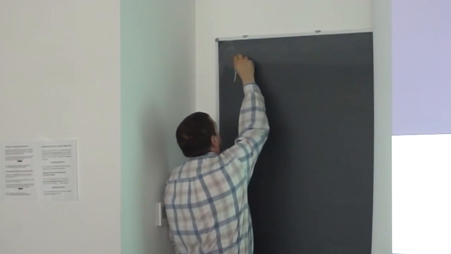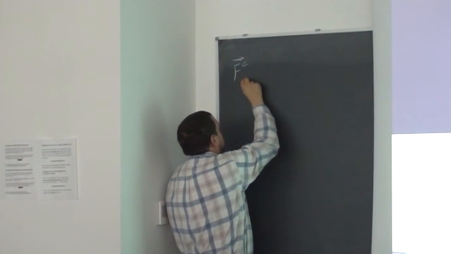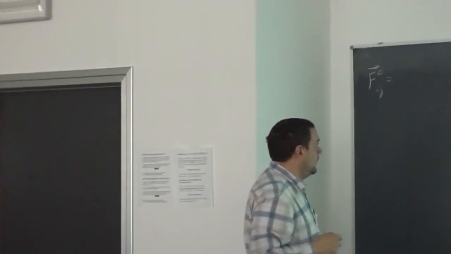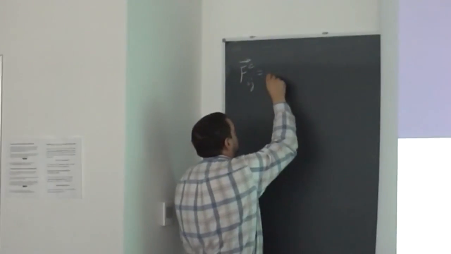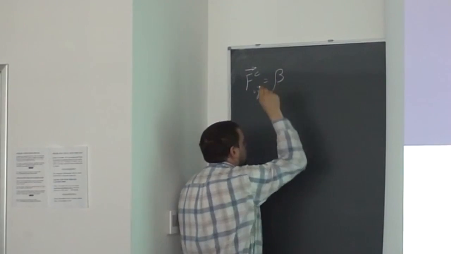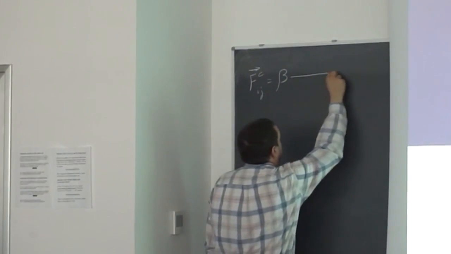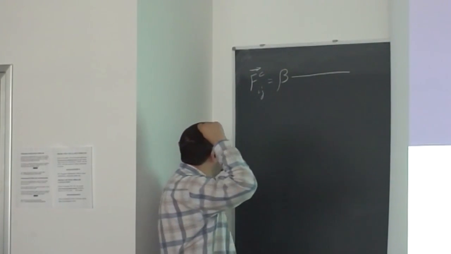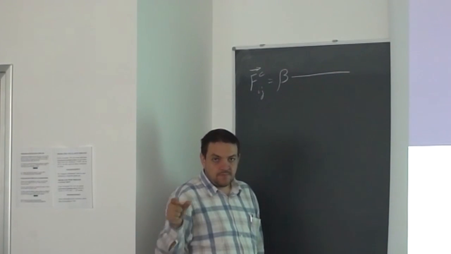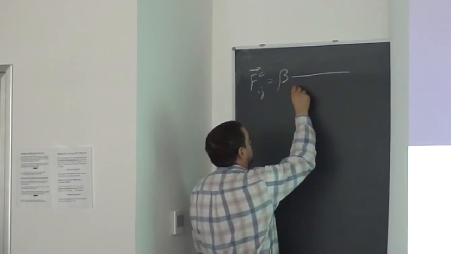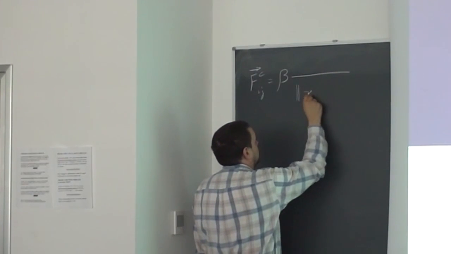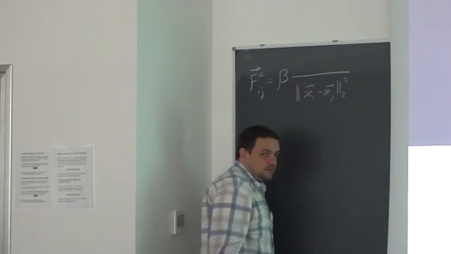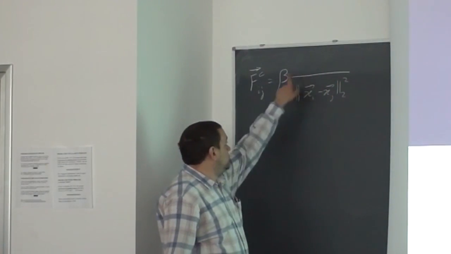So, the one for the Coulomb force between nodes i and j, which was at the end some constant beta, which represents the charges of the two particles, times, okay, it should be divided by the square of their distances, so xi minus xj squared. So this is the modulo of the force.